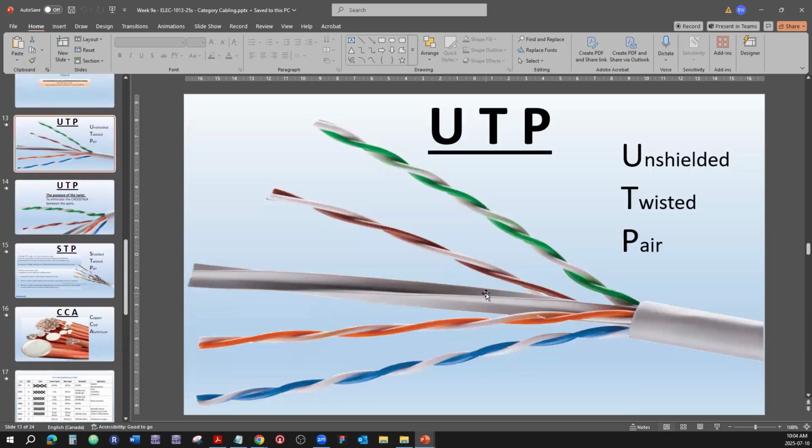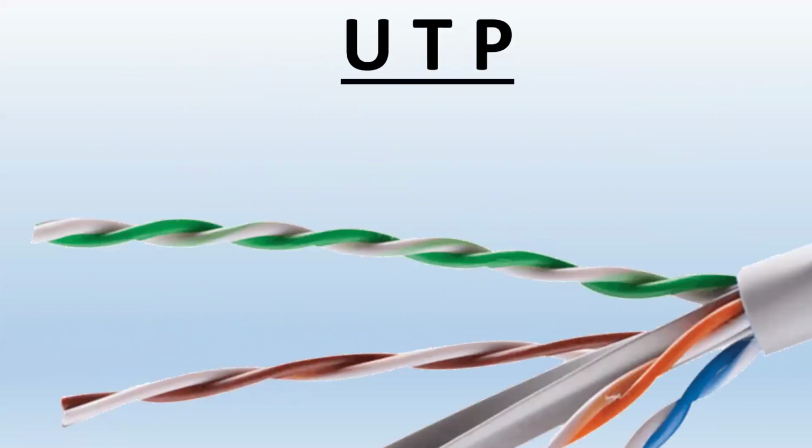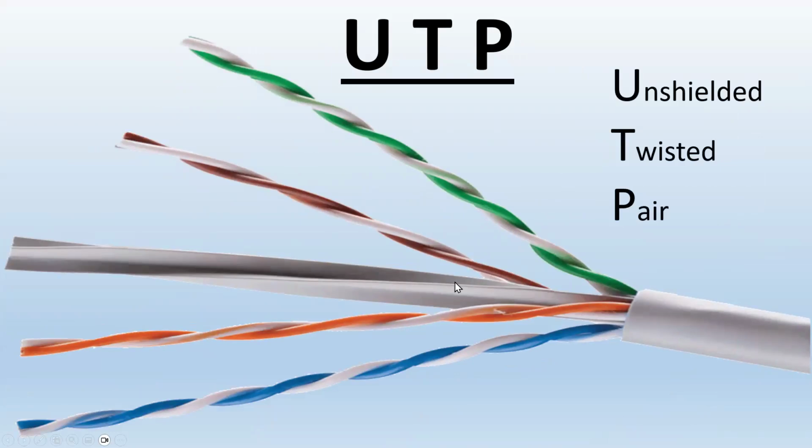Yeah, here's an example of Cat6. Cat5e will not have this separator. Here's the separator. Cat6 will have that separator, and Cat6 and up, actually. Cat5 and down will not have this separator.